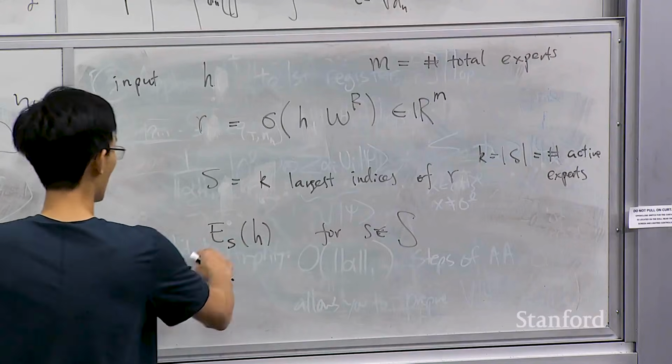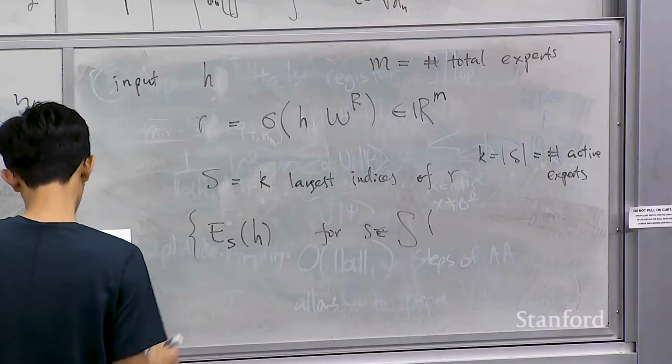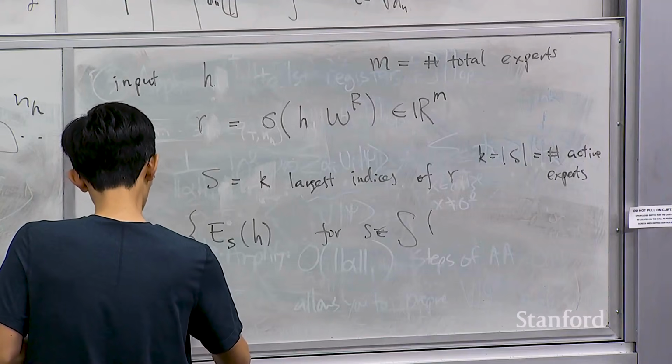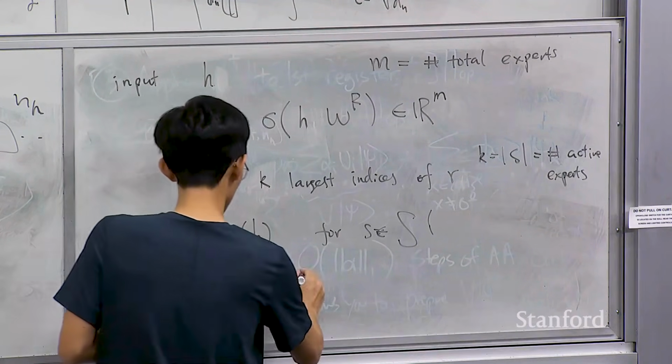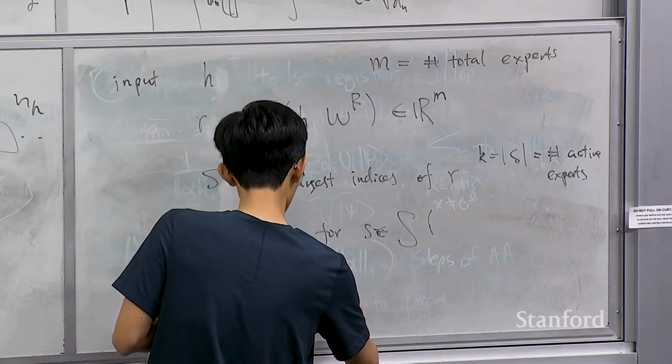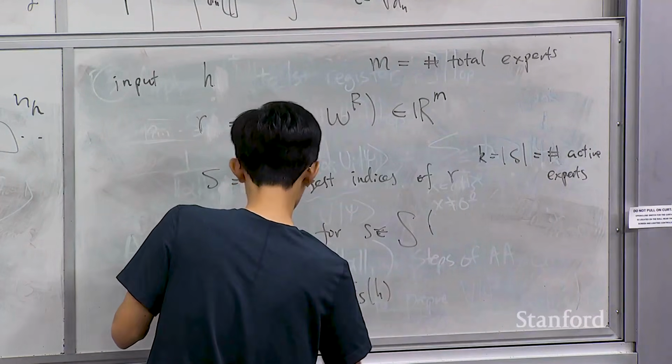And then I'm going to weight all of these outputs. So the final output of this module is going to be a weighted sum where s is in this set.